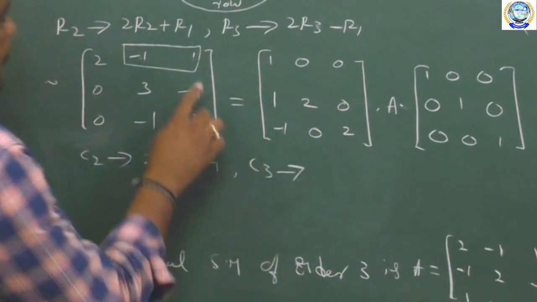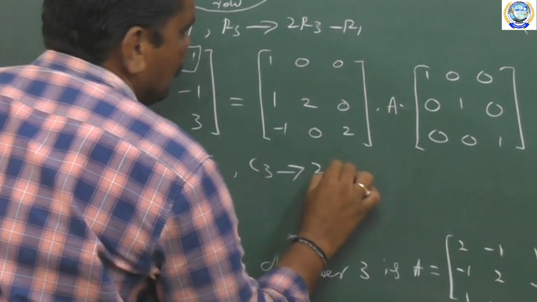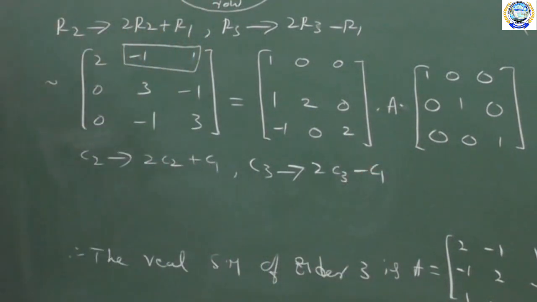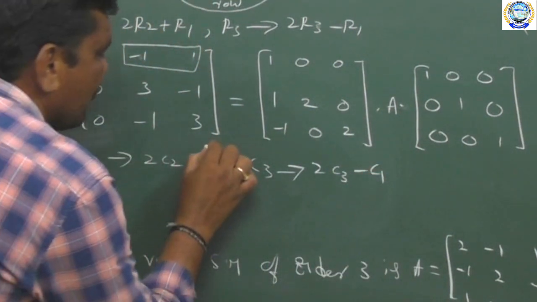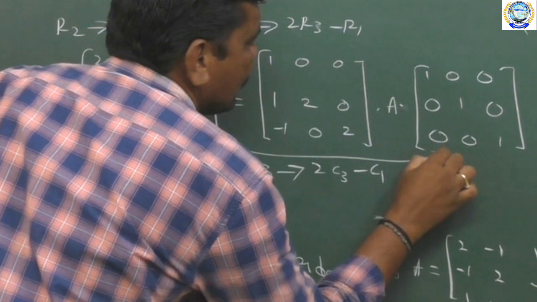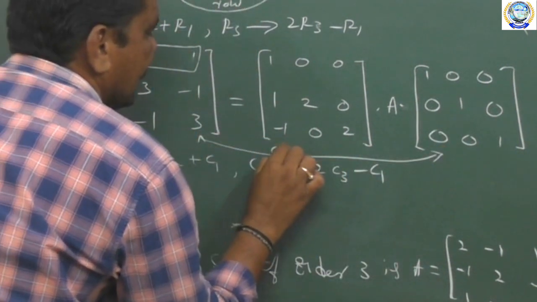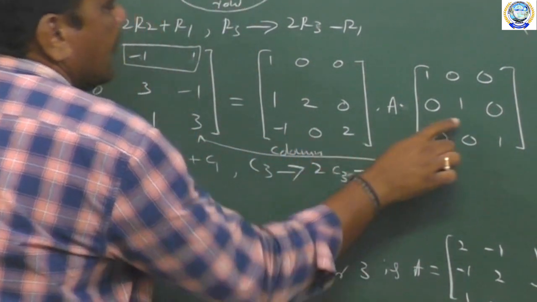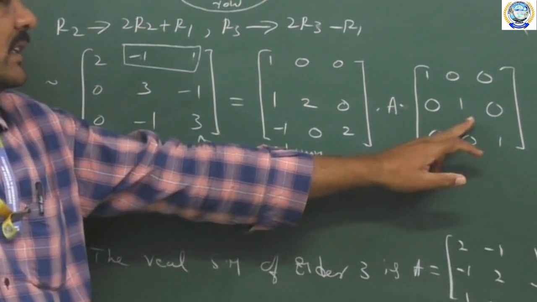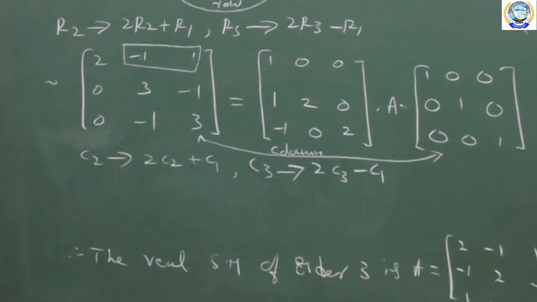In C3 we take 2C3 minus C1. These elementary column operations will be applied to this LHS matrix and this post factor identity matrix.